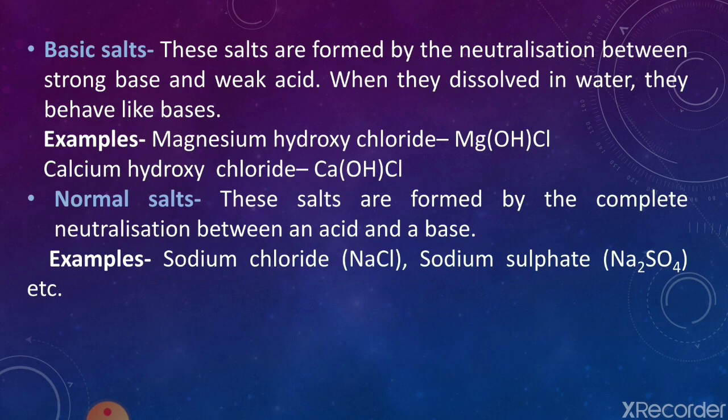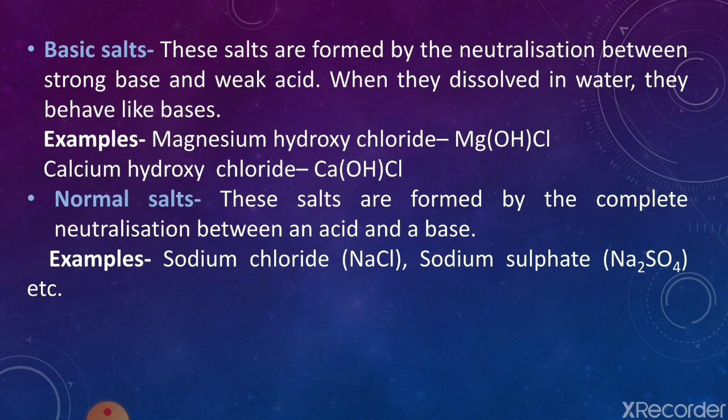Then basic salt, that is just opposite to what we have studied in acidic salts. Here there will be a reaction between a weak acid and a strong base. When the base is strong and the acid is weak, then some amount of base will be neutralized with acid and most of the base will be left there, means there will be incomplete neutralization of base.